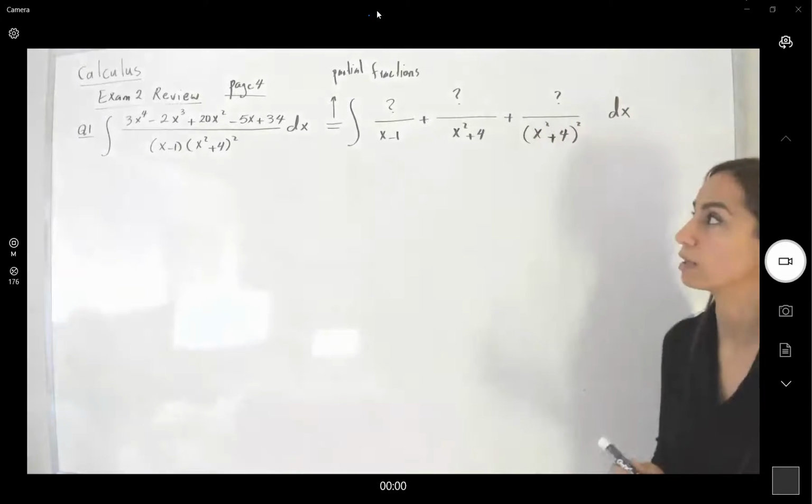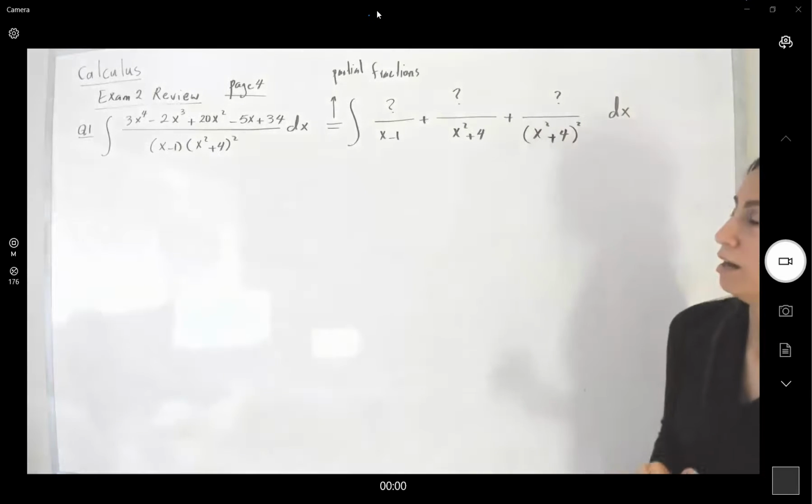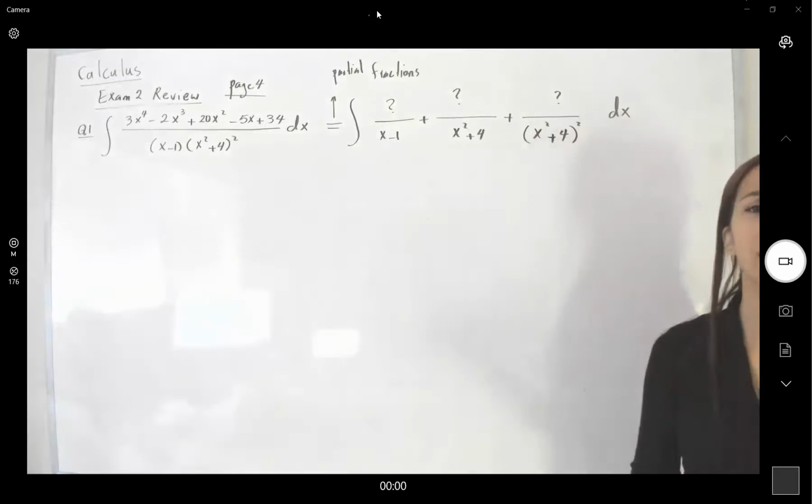Remember that when the denominator is in linear form, your numerator is just a constant.